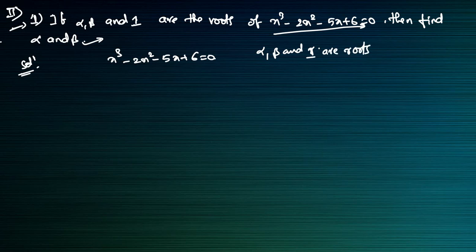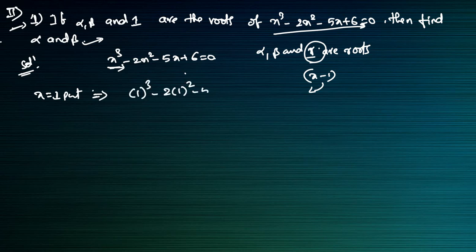So he is saying 1 is a root of this equation, which means x minus 1 is a factor of the given equation. So I will substitute x is equal to 1 in the equation. It becomes 1 cube minus 2 into 1 square minus 5 into 1 plus 6 is equal to 0.